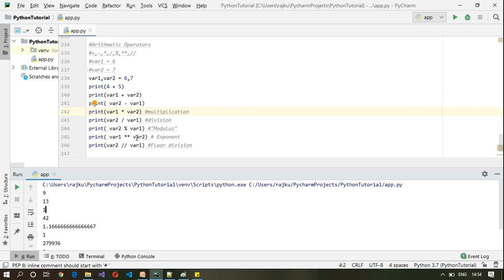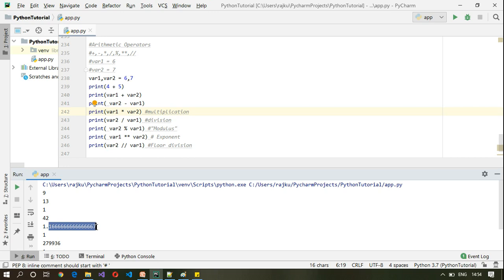The next one is division. So 7 divided by 6, which is 1.166667.